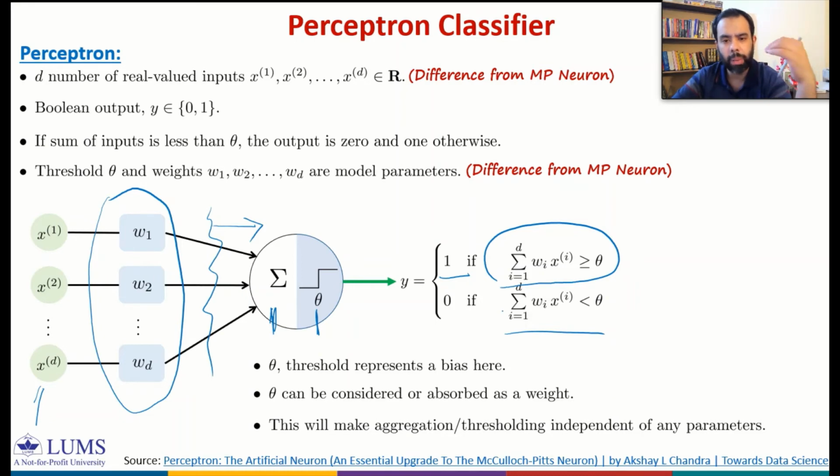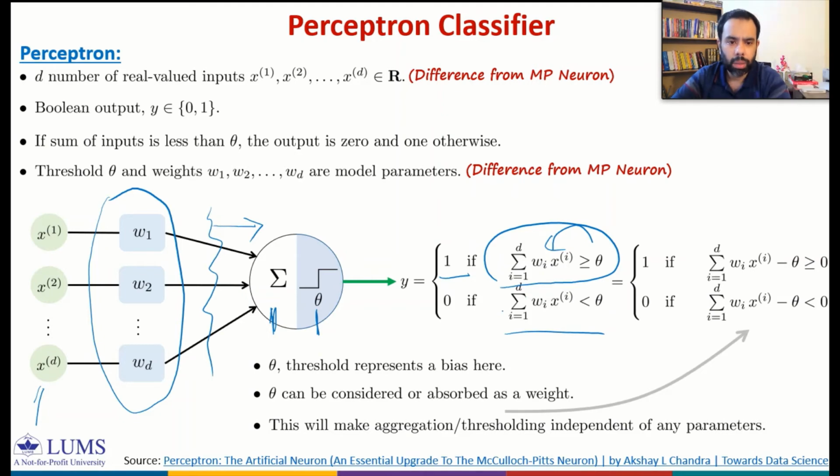We considered the bias as a weight. It simply means if you move this theta to the left hand side in these equations, now our threshold is 0, and we are considering theta as a weight to the constant input that stays 1 all the time.